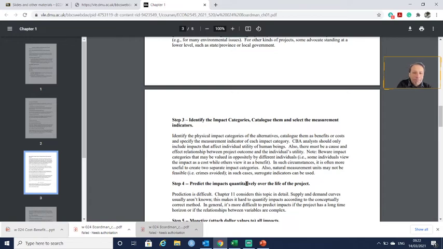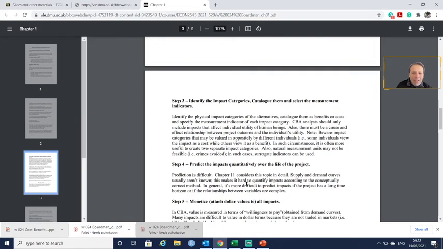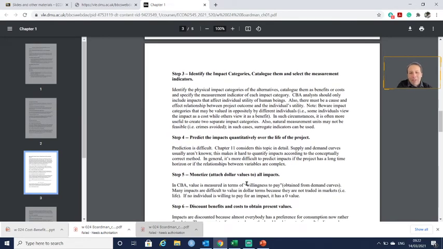Okay, step number 4 is to predict the impacts quantitatively over the life of the project. Prediction is difficult. We have conducted many sessions about forecasting and predictions. You have seen how difficult it is to get a good forecast, a good prediction. So supply and demand curves are usually developed in order to make decisions.